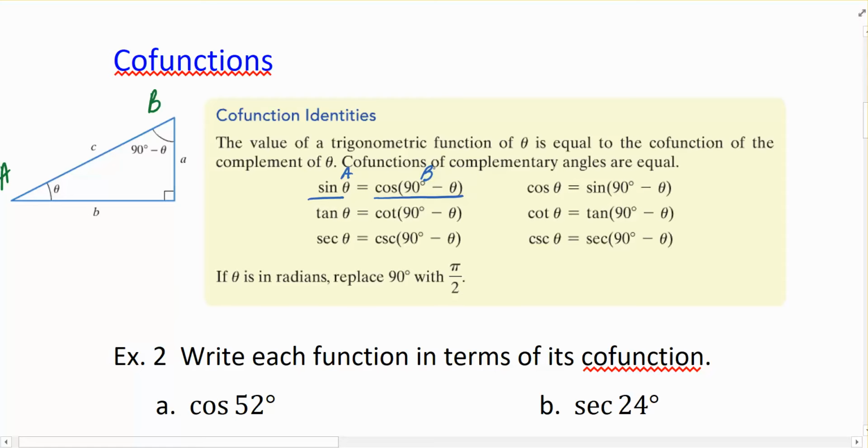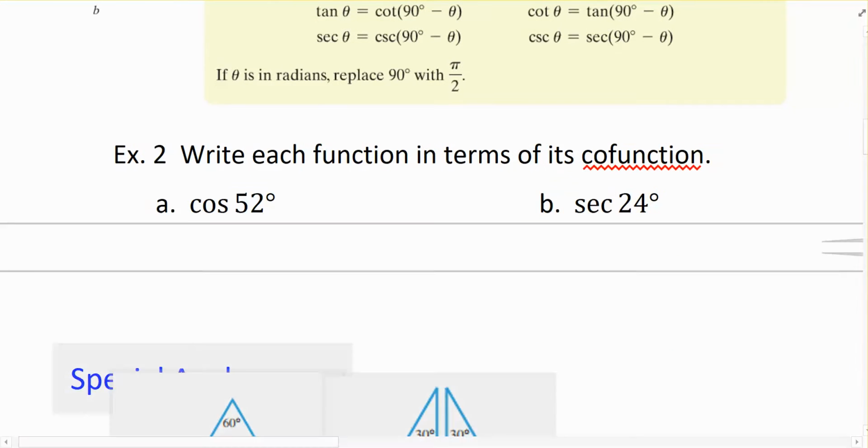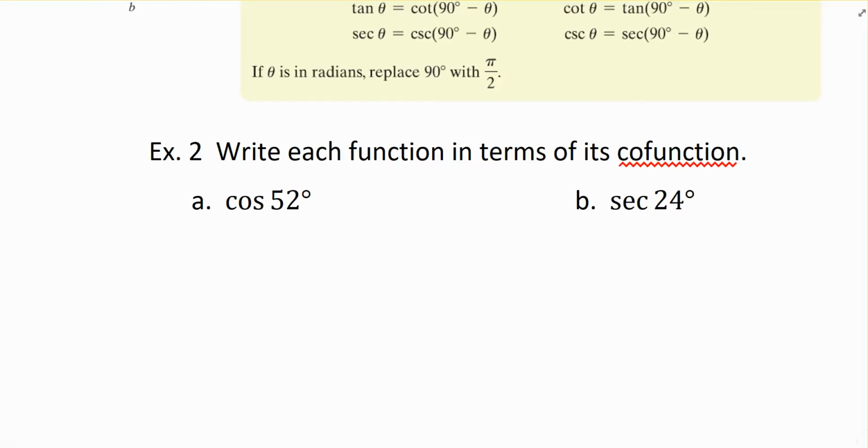So we're going to use this cofunction identity to answer this set of questions right down here. I want to rewrite each of these functions in terms of their cofunction. Or in other words, I'm looking at this angle and I'm going to rewrite it in terms of its complementary angle.